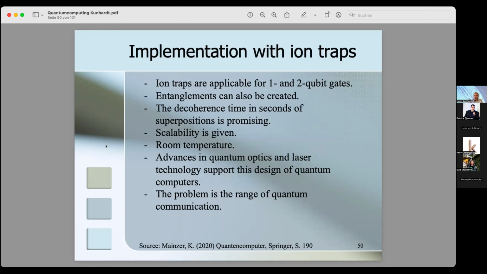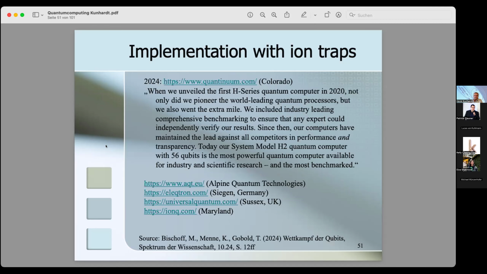We know a lot of quantum optics and laser technology for the design of this type of computer. And the problem is the number of ions, as we collect them in a chain after each other, and therefore the scalability is a bit limited.